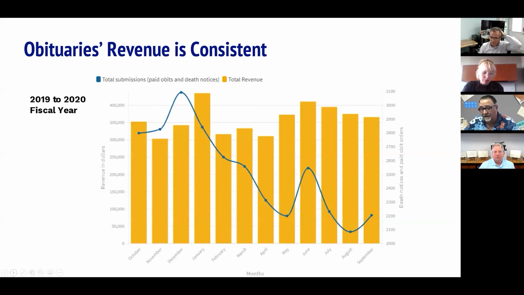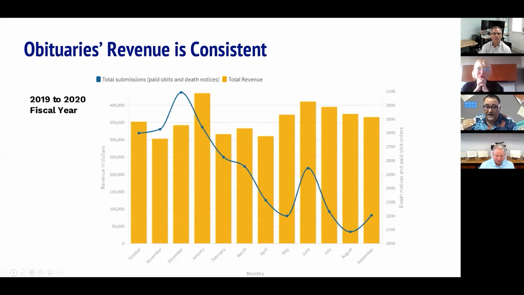But interestingly enough, even if you follow that blue line down to September of 2020, the order numbers went down, but the revenue stayed the same. Even though the number of publications per week decreased, consumers still wanted those obits and those weddings and those milestones in their community newspaper.